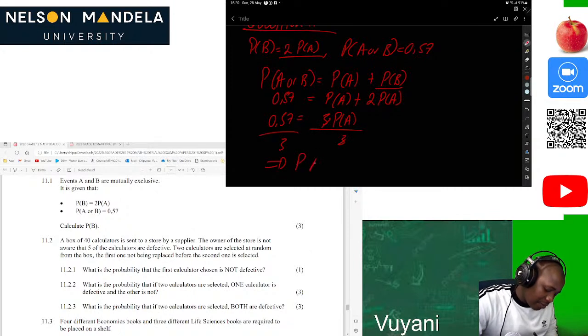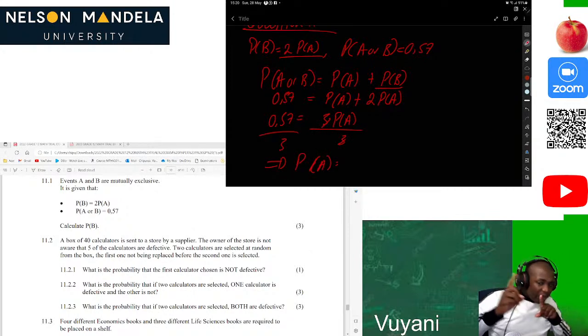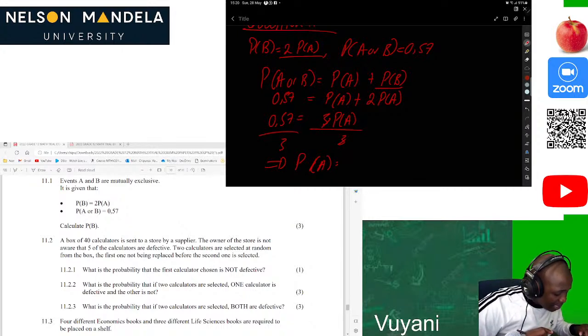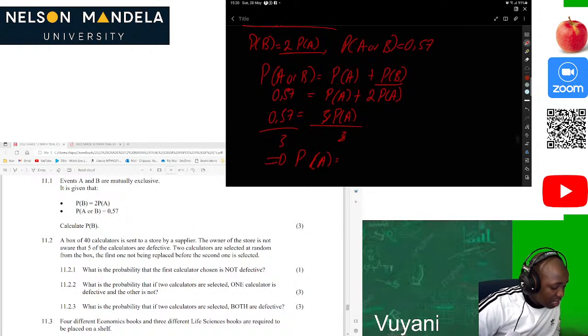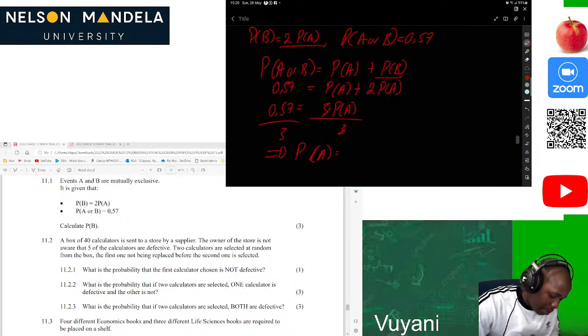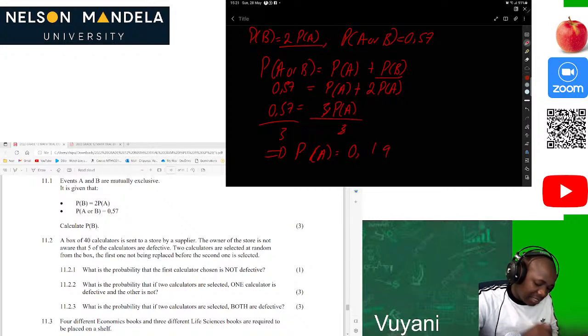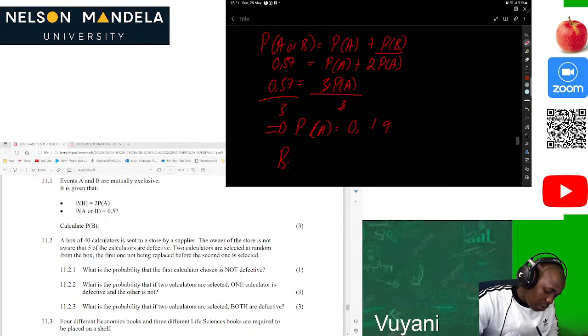Use your calculators guys, please make it a point to get the correct value. So the probability of A is 0.19. But we know that the probability of B is equal to 2 times the probability of A.